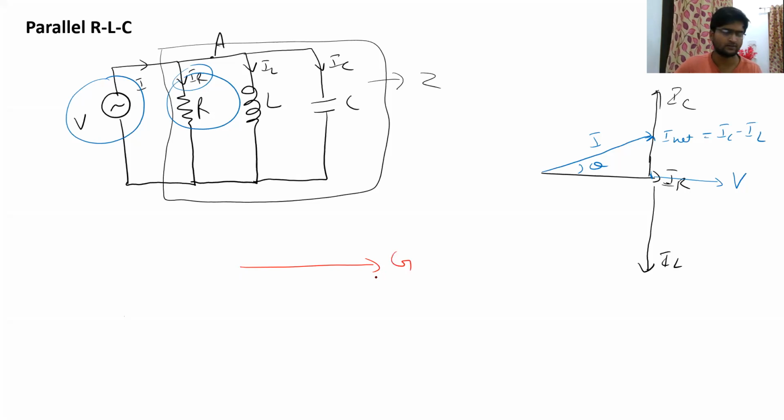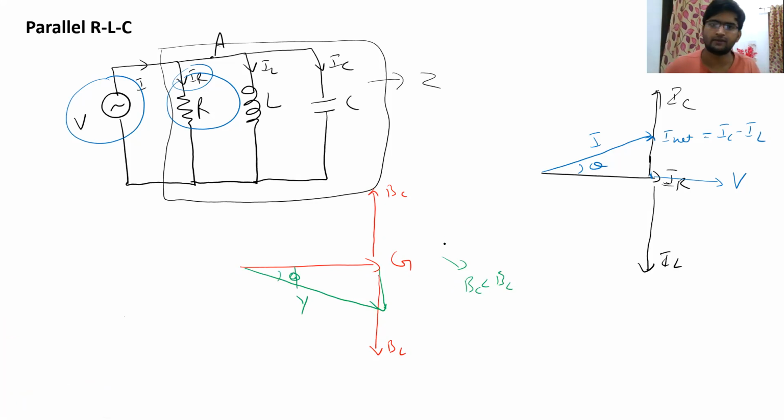So G will be in this direction, BL will be in this direction, BC in this. And in this case, let us suppose BC is less than BL. So our phasor will be like this. So this is going to be our admittance function. Let us call this phi, right?